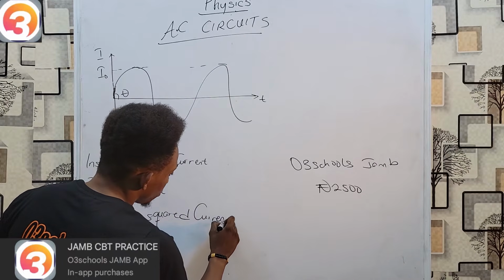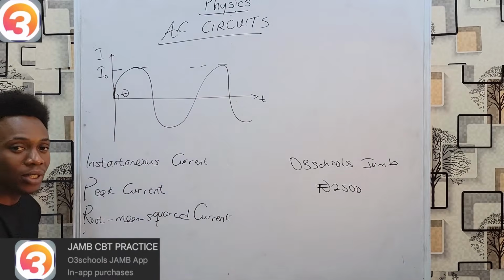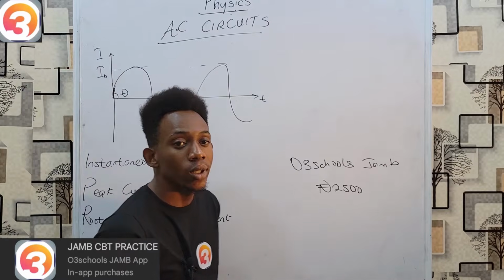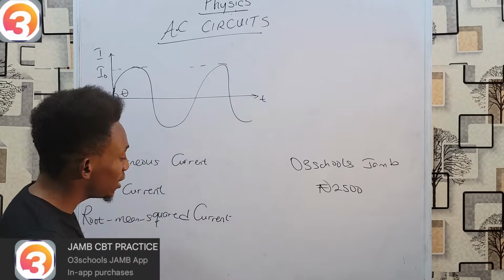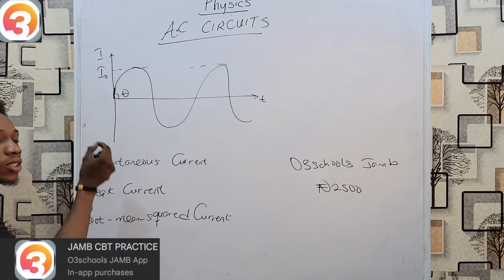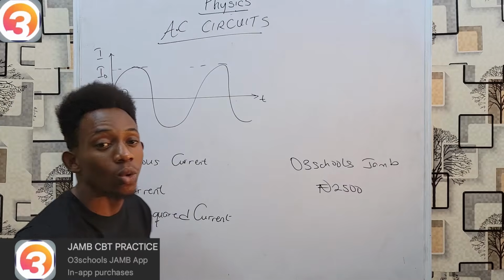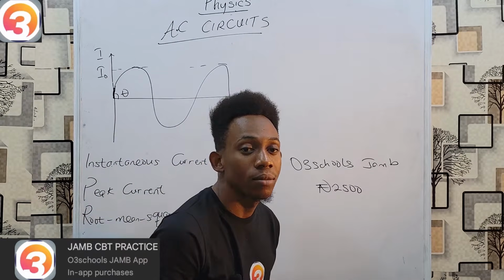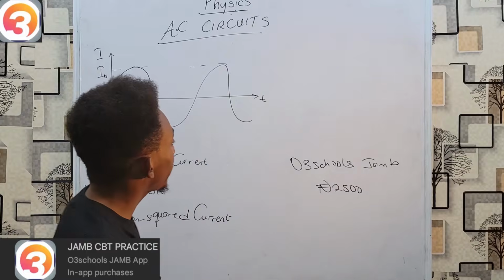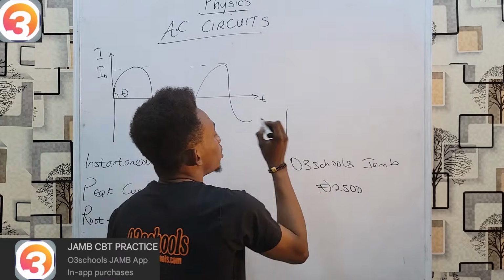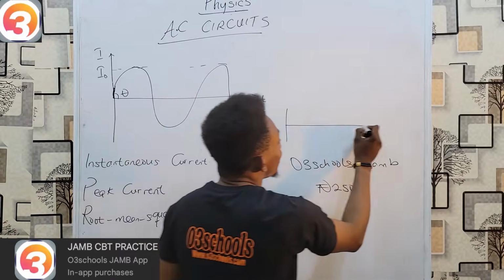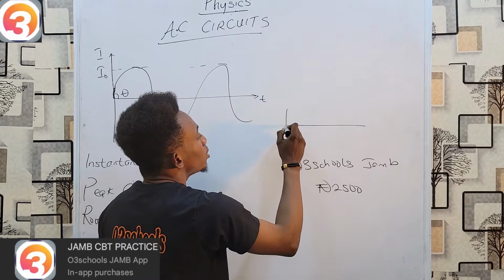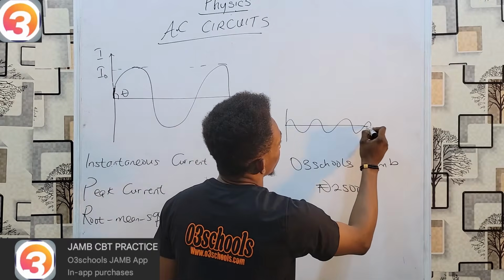This root mean squared current is simply that value of direct current which will have the same heating effect as the alternating current in the same resistor in the same time. It's kind of like imagine if you were to take a path and this should have been the direct way, but instead you end up alternating on your way.